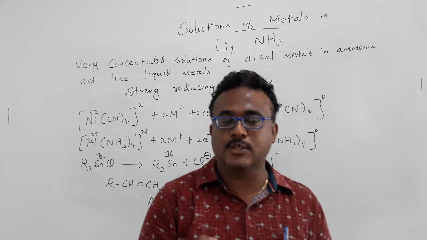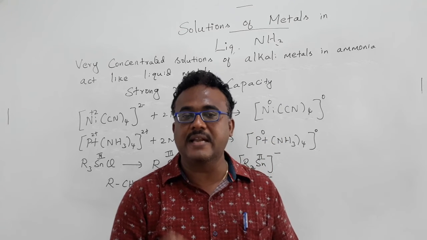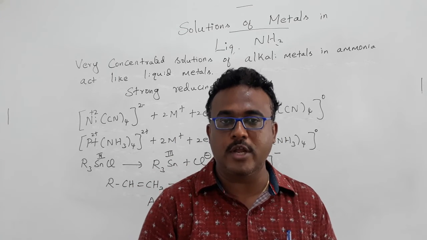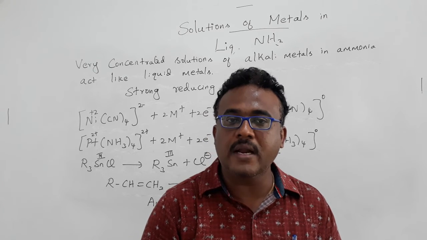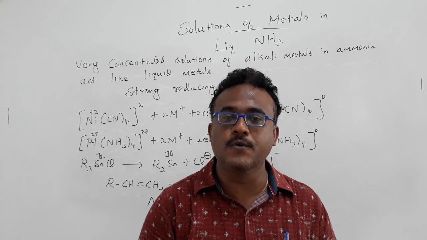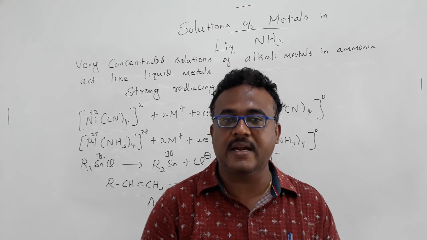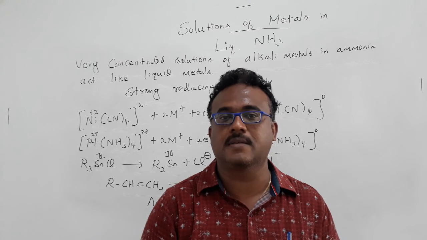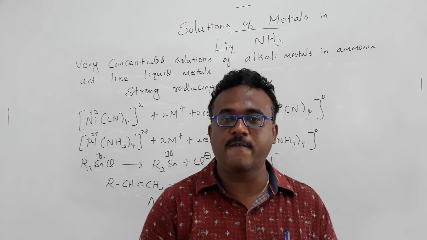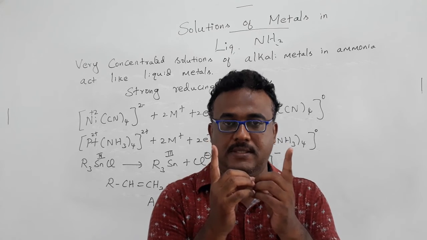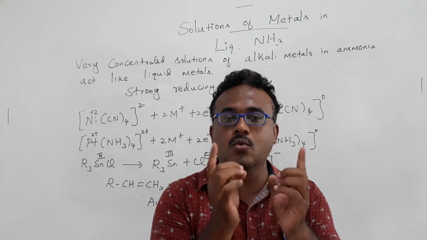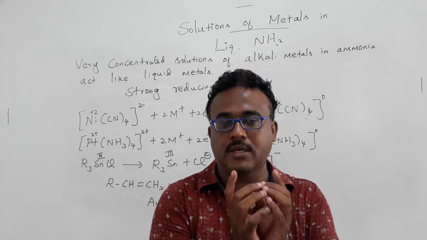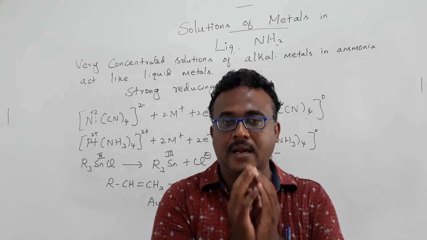When you add a small piece of alkali metal or alkaline earth metal to liquid ammonia, you can get a blue color solution. That blue color solution has interesting features such as high electrical conductivity and paramagnetism because of the formation of two different species. One is metal ion, another one is solvated electrons. These two are highly mobile in nature, that's why it has very high electrical conductivity.